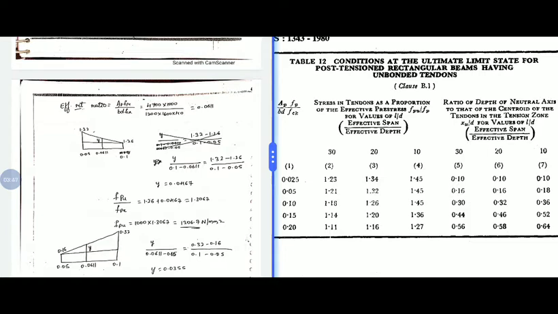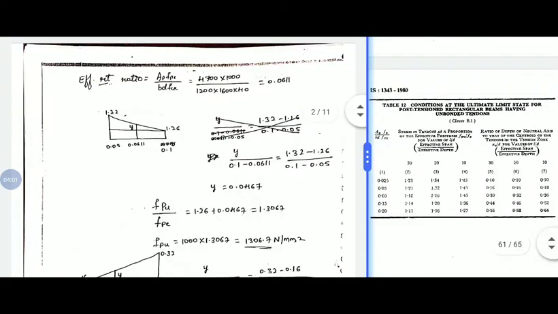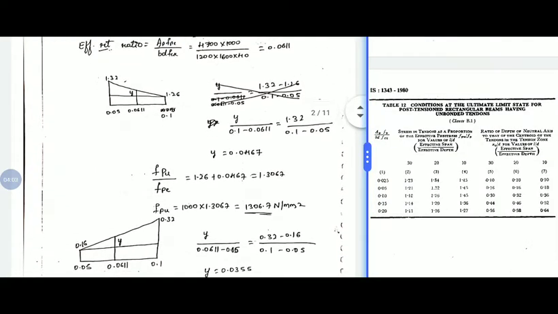Same way for XU by D ratio, refer column number 6. For 0.05 it is 0.16 and for 0.1 it is 0.32. Now we need to interpolate for 0.0611.